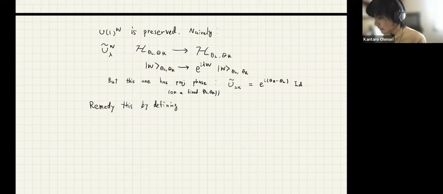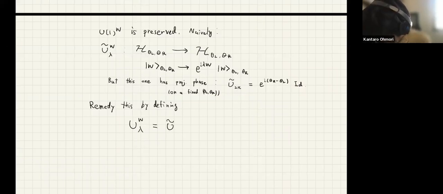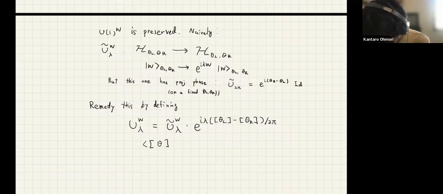The remedy is that we define U W sub lambda equals U tilde this action times e to the I lambda of theta L minus theta R over 2 pi, where this square bracket I define is a number between 0 and 2 pi.